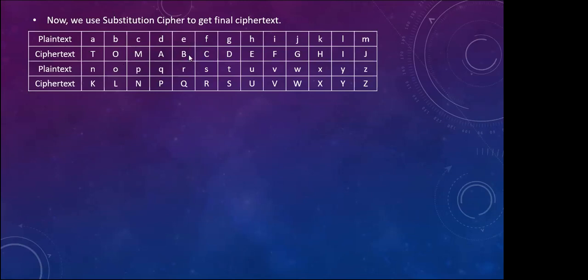After B, C, D, E, F, all the remaining alphabets, we will write for this ciphertext, which will replace the above alphabets, and then we will write our ciphertext.